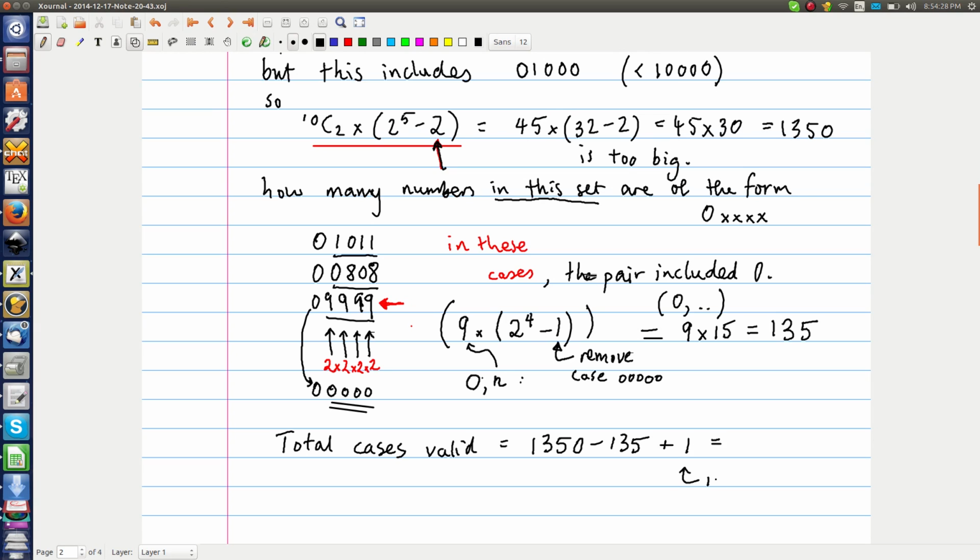This is the case 100,000, which was never included in any of our calculations because it's a 6-digit number. But it was included in the question because the question said inclusive. Okay, so let me just double check that gives the right number. So 1200 plus 15 plus 1, yeah, equals 1216, which is I believe, the right answer.